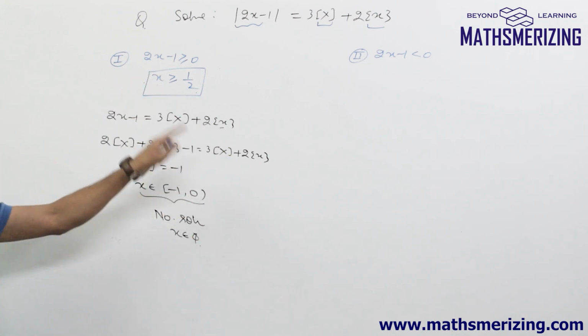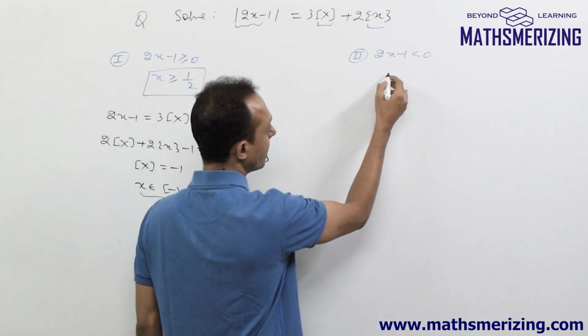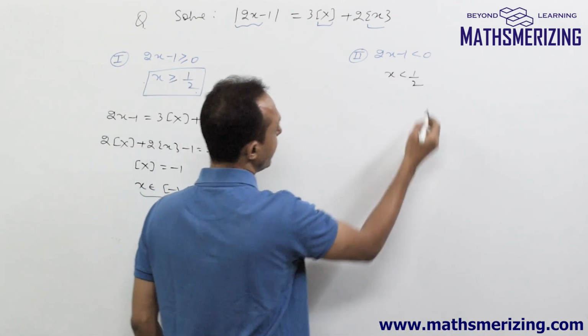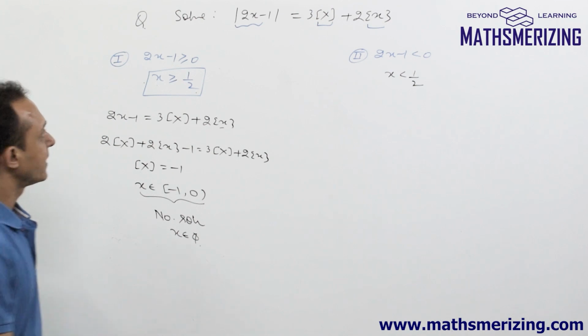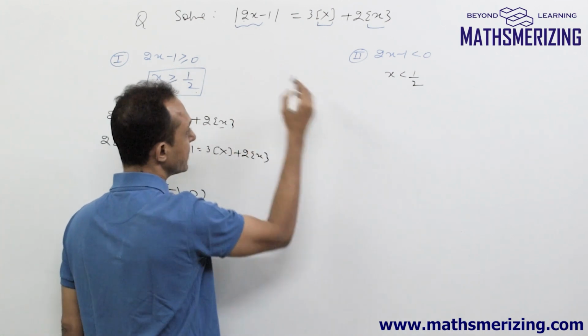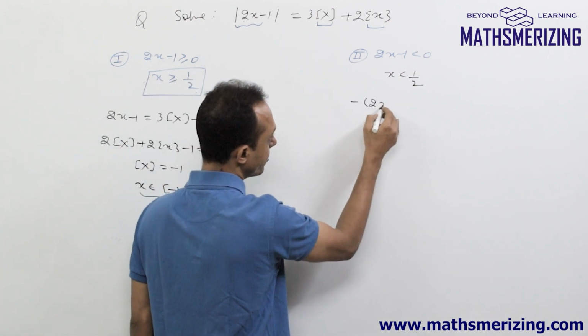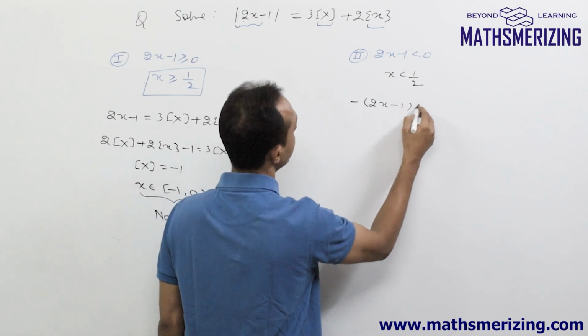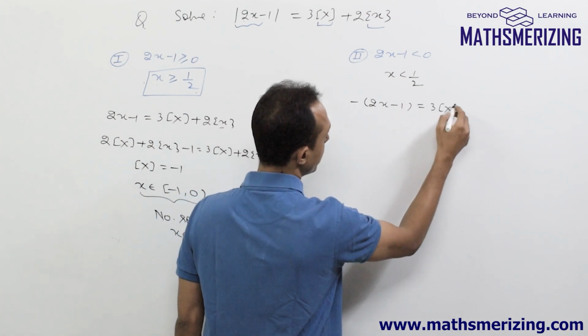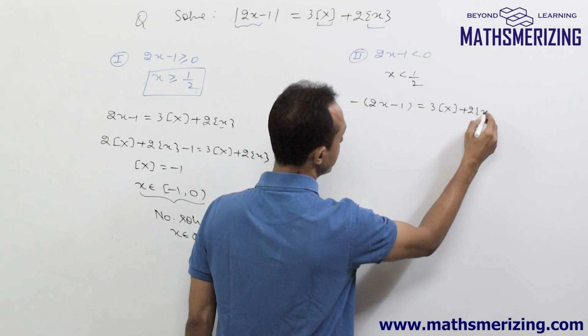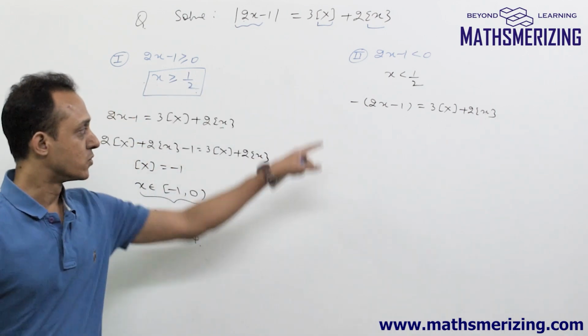Now, what about the second case? From the second case, when the value of x is less than 1/2, in that case, 2x - 1 is negative, so mod is minus of it. So I'll write -(2x - 1) = 3[x] + 2{x}. So again, I'll change x.